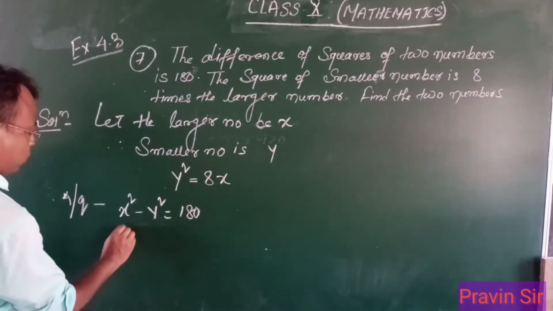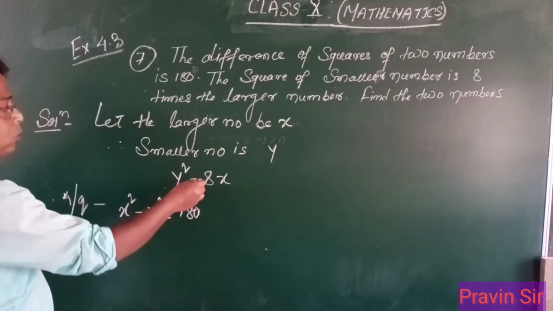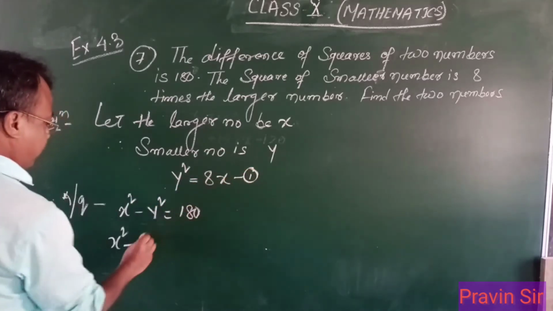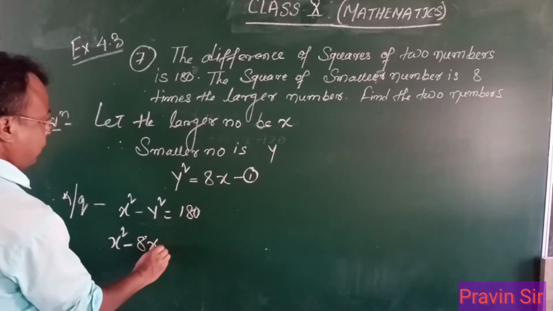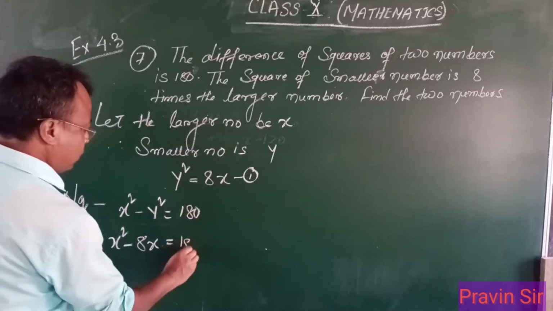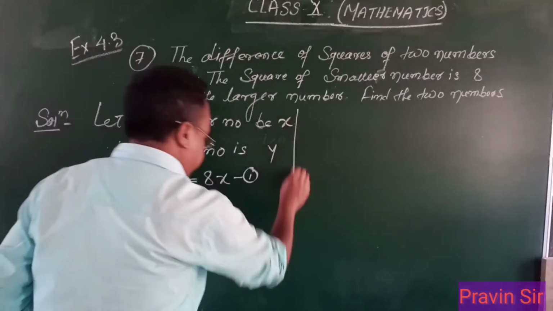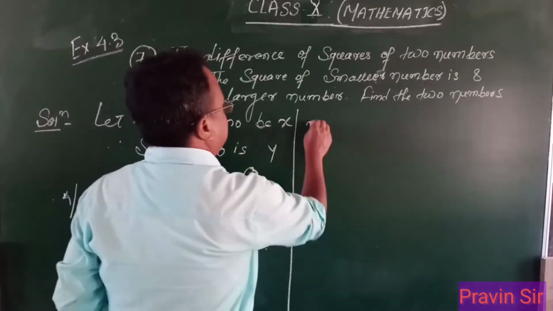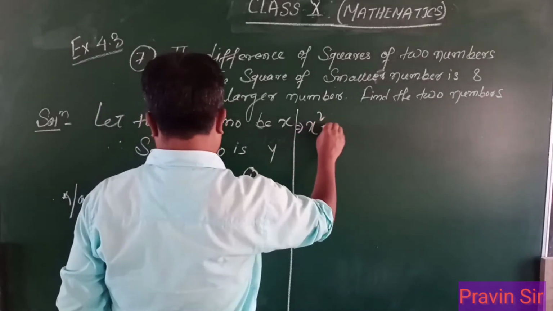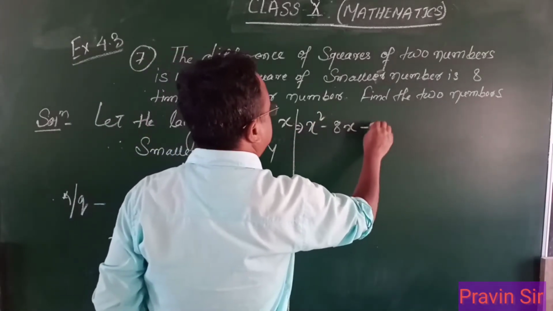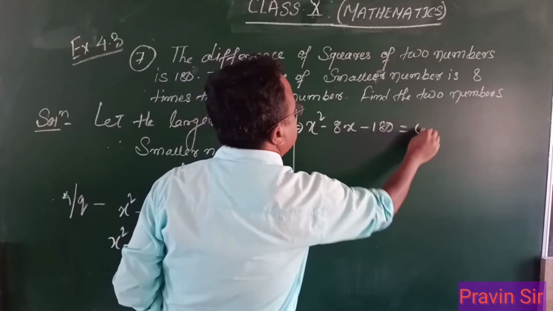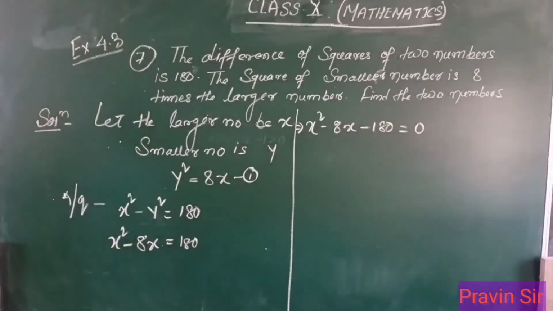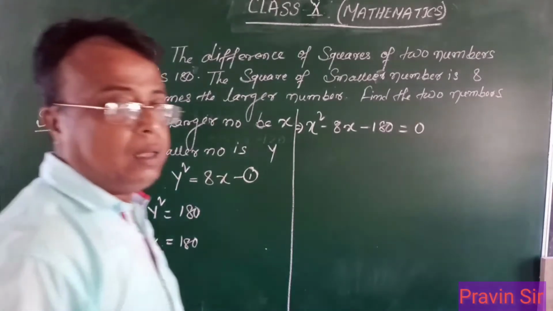So x square minus, in place of y square you put 8x, is equal to 180. This implies x square minus 8x minus 180 is equal to 0. This 180 you transpose to this side.